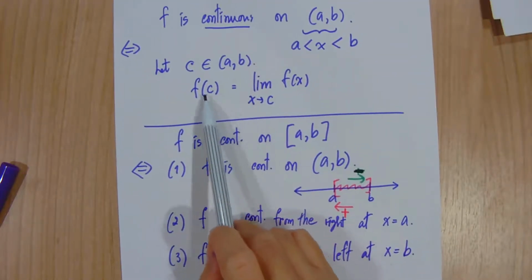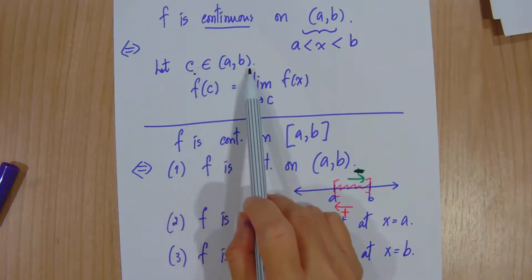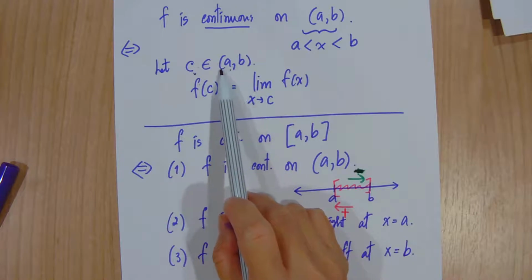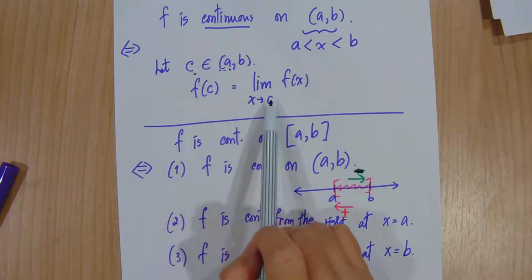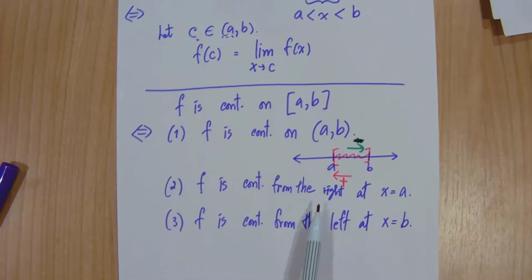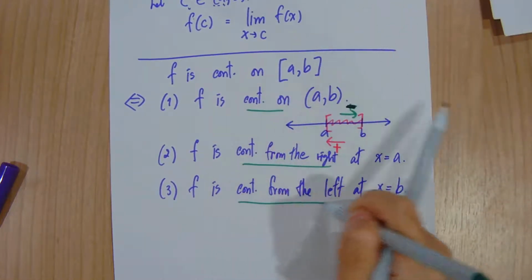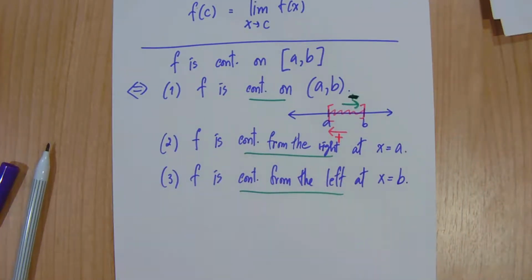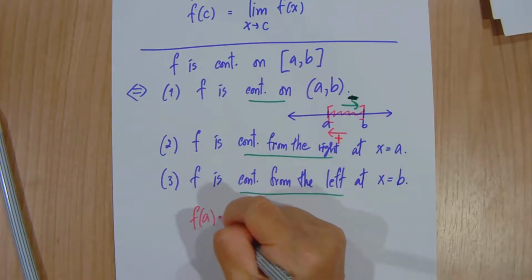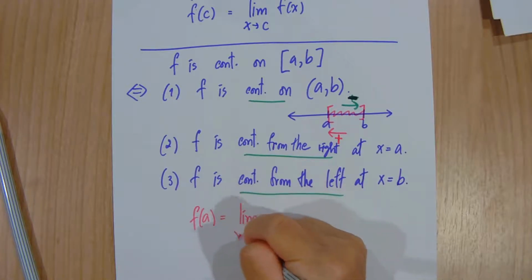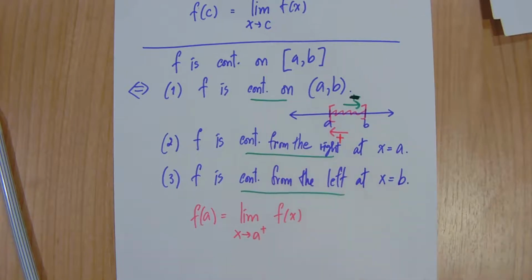First, you just check that at any point c in the open interval from a to b, the value f of c equals the limit. And to check the continuity from the right, you have to check that f of a equals the limit as x approaches a from the right-hand side of f of x.